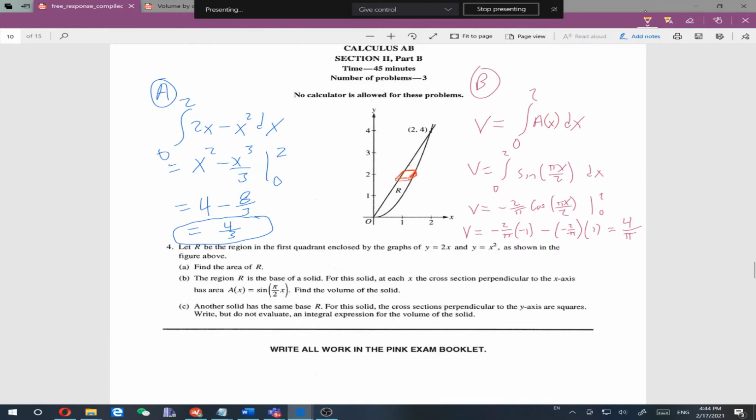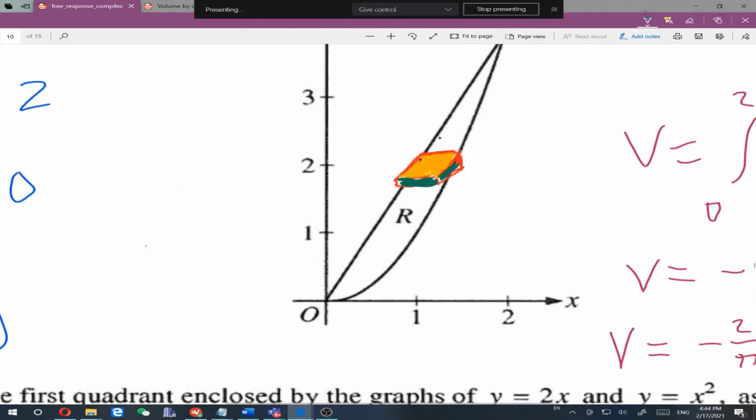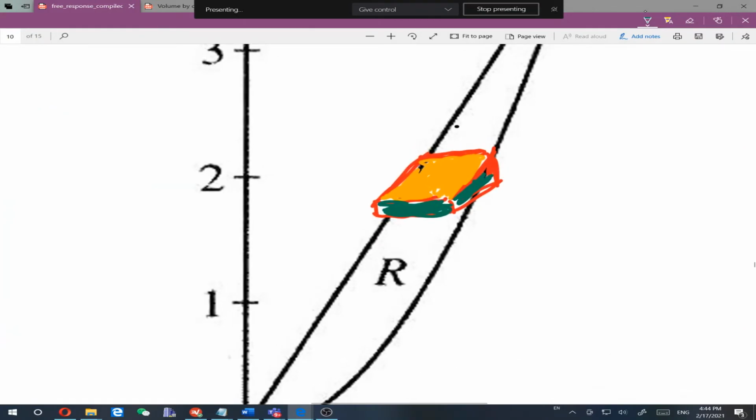So V is equal to the integral from 0 to 2, since it's a square, of A of x squared dx. Okay, so right now we're perpendicular to the y-axis, not the x-axis anymore, so I'm going to zoom in a bit. That means our infinitely small part of this is actually a change in y.